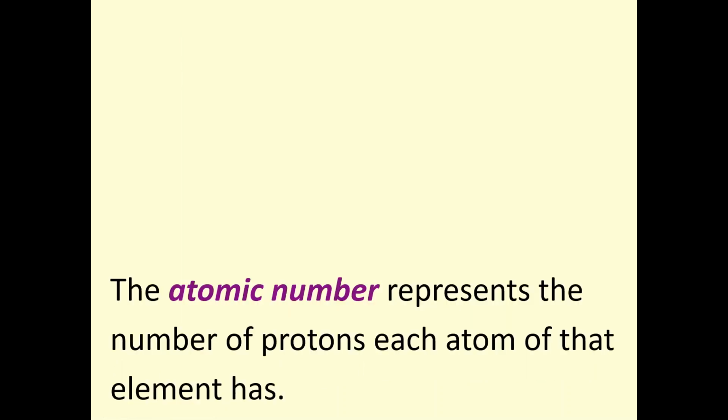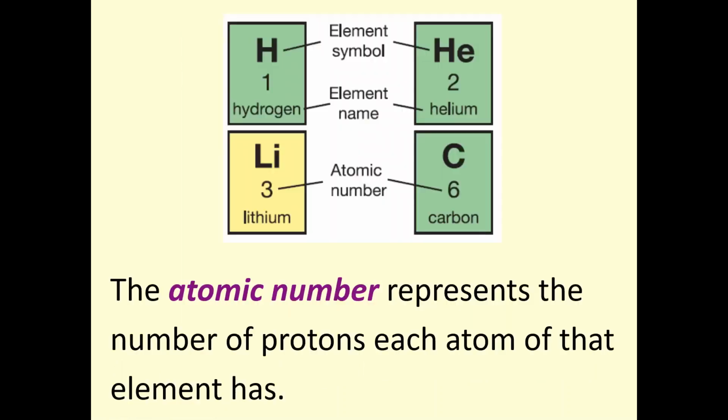The atomic number, you can see these are the atomic numbers in this periodic table here. That represents the number of protons each atom of that element has. So lithium, that's lithium. It has 3 protons in each nuclei of the atoms.